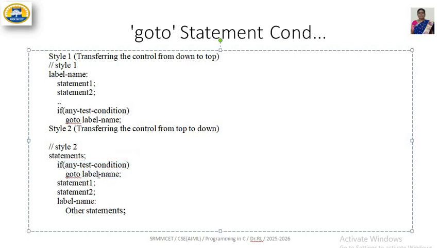So statement 1 and statement 2 are ignored, jumping to the label name, and the other statements are executed. So these two styles are followed in the goto statement in the decision making statements in C programs.